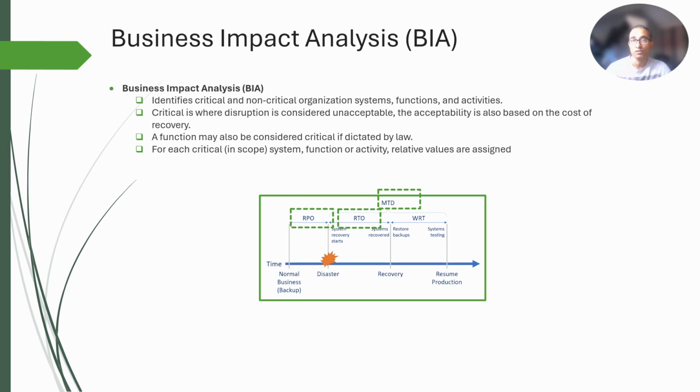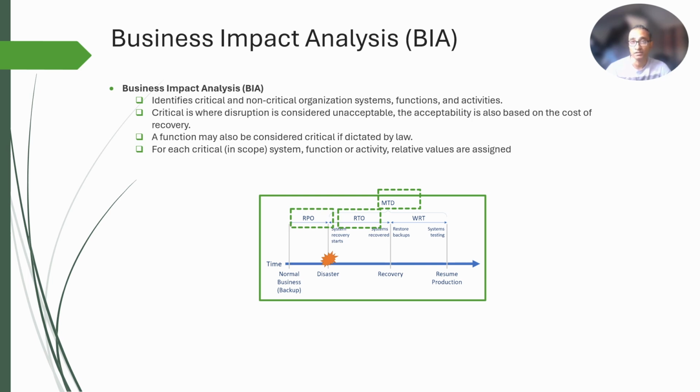So what is business impact analysis and what does it provide? As said, it's a process, a way of conducting an assessment which help you identify the critical and non-critical systems in your organization, the functions, activity that it provides.